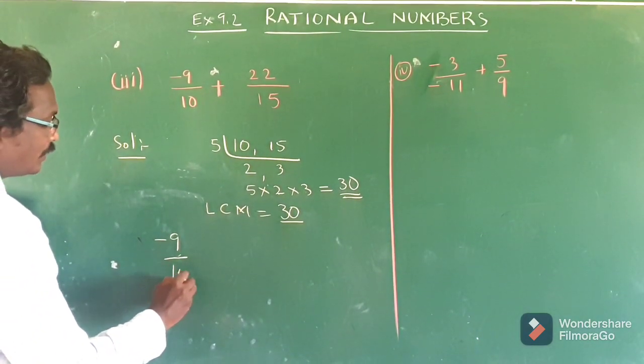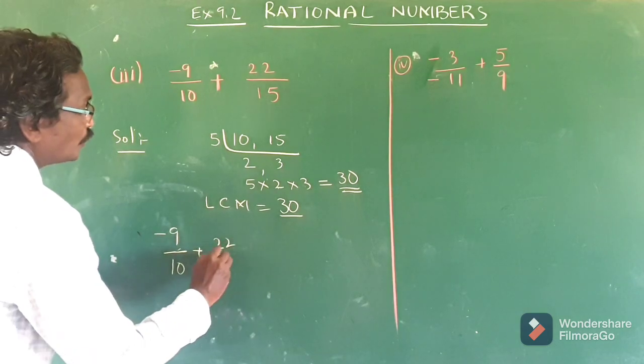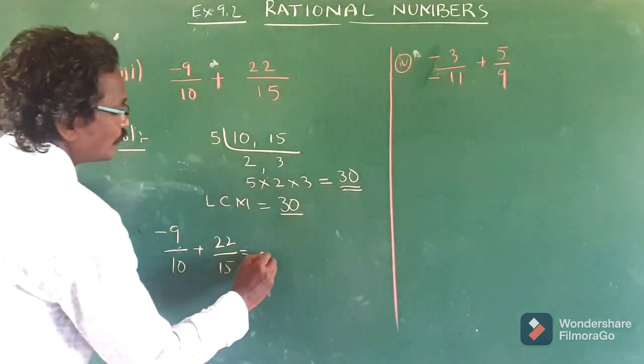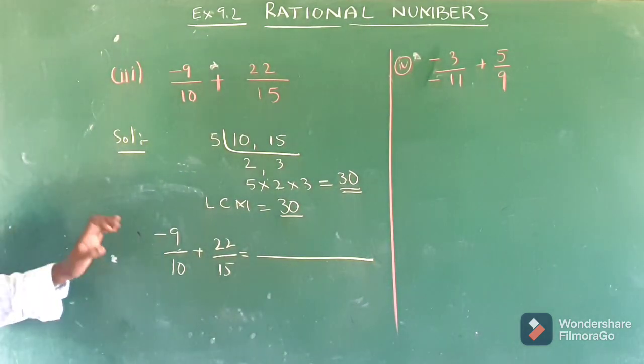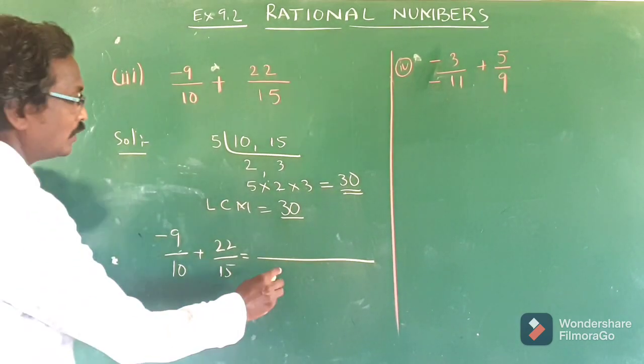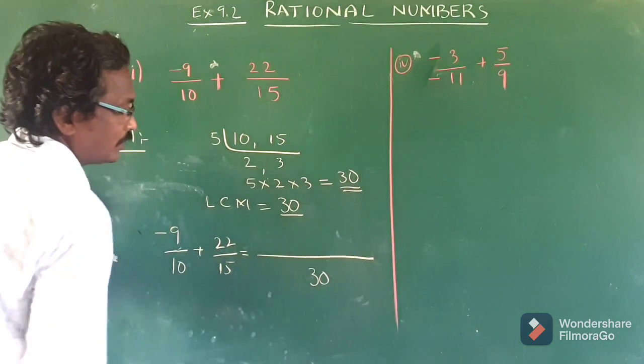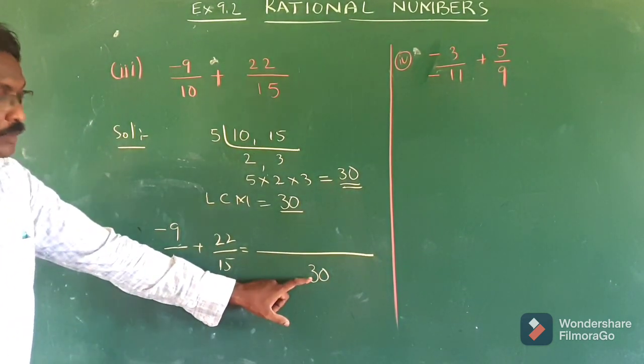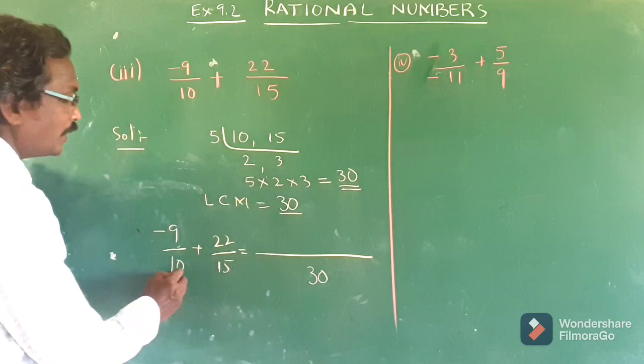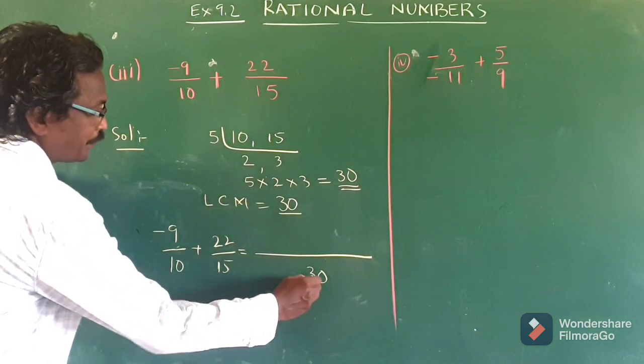Now write the question. 9 by 10 plus 22 by 15 is equal to, put the division bar. Don't forget the steps. Now the denominator is 30. What is the first step? Write denominator 30. Now 10 table 30. How many times? 3 times.